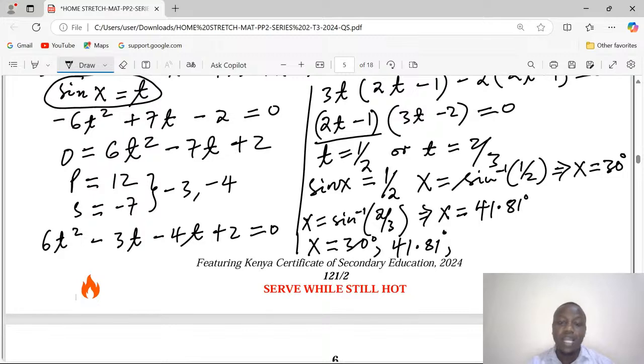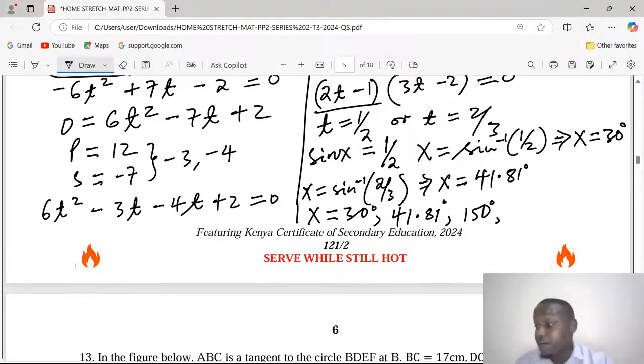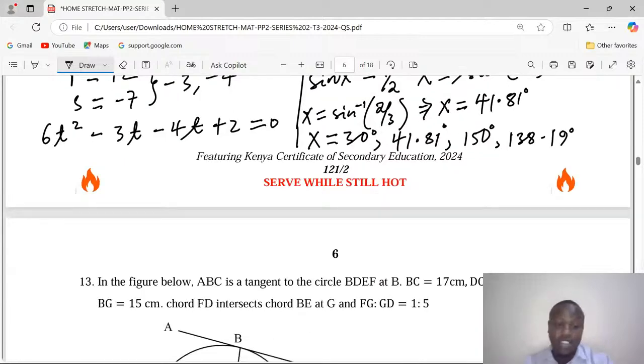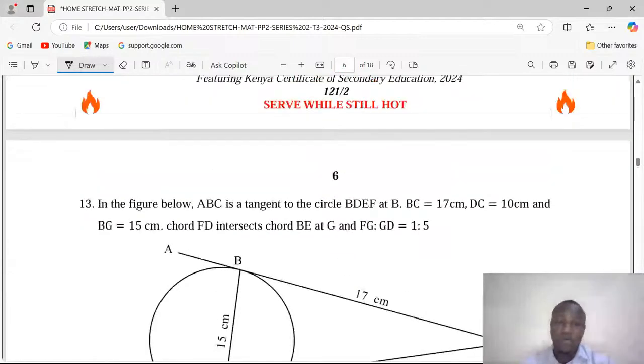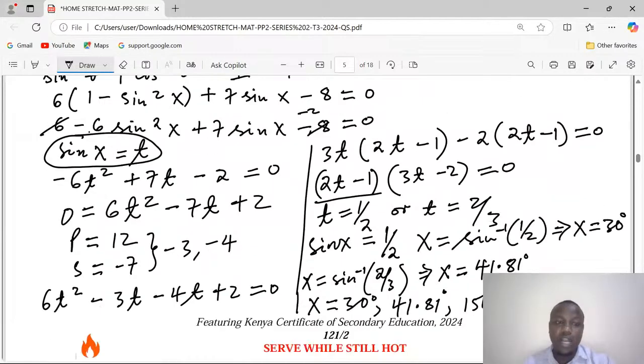For example, 30 degrees measured in the second quadrant will be 150, and it will have the same trigonometric ratios with 30. 41.81 measured in the same quadrant becomes 138.19 degrees. So these are all the angles that we needed within 0 and 360.